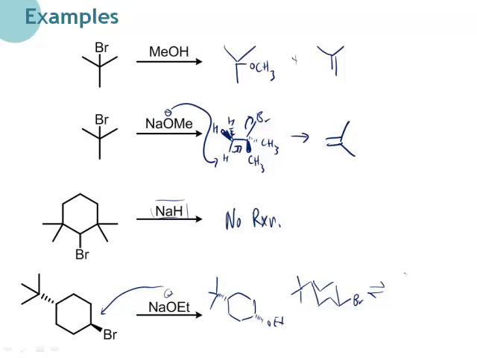So what we have to do is put the tert-butyl group down, bromine up, and you notice very quickly that this tert-butyl group in an axial position is very, very disfavored.